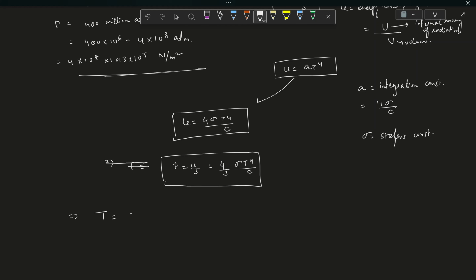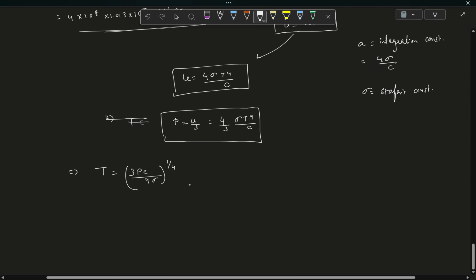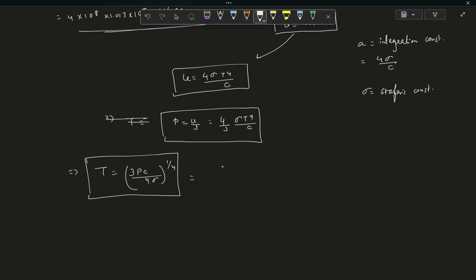T value is simply (3 P C by 4 sigma) to the power of 1 by 4. So this is the value of temperature T, and now we have to substitute the known values so that we can get the value of temperature.